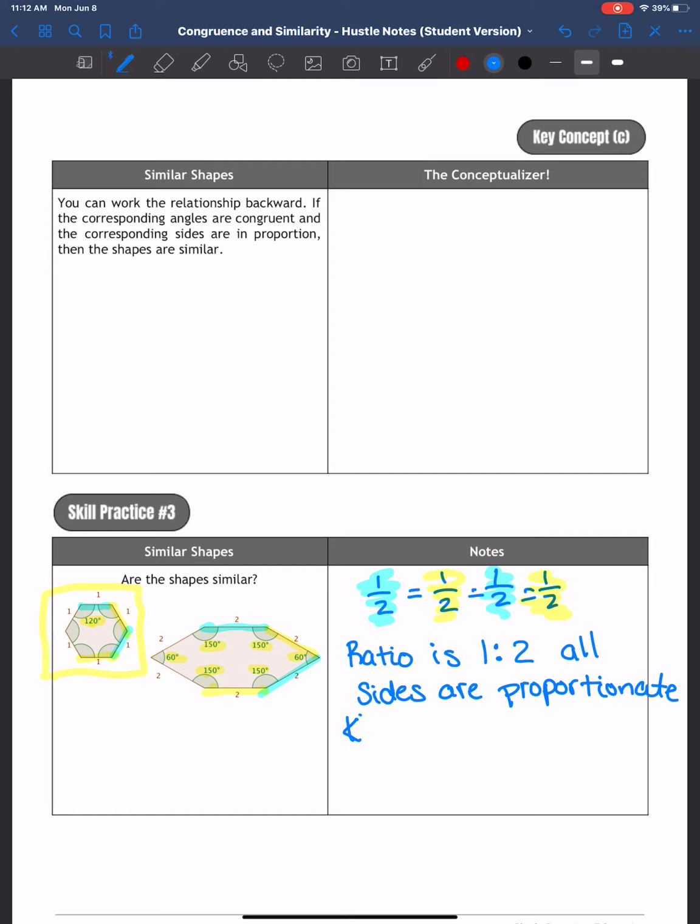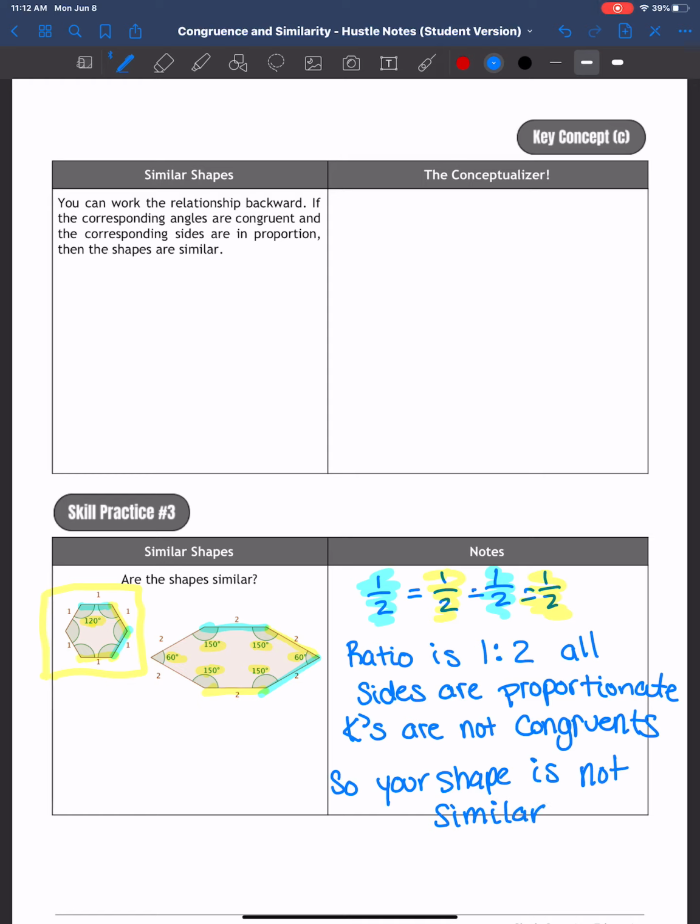Your angles are not congruent, so your shape is not similar.